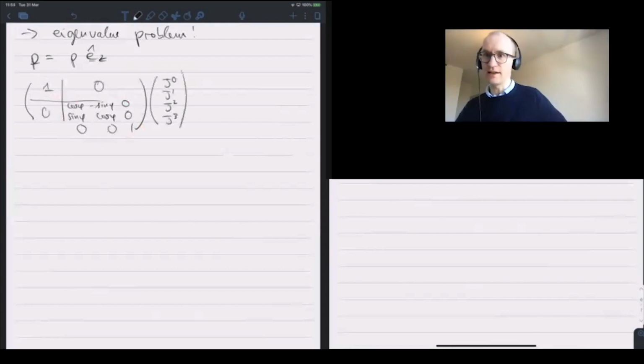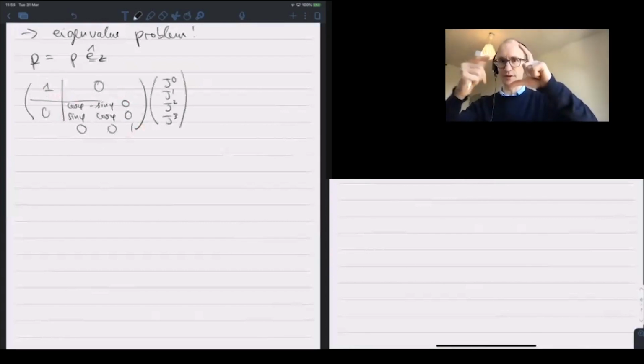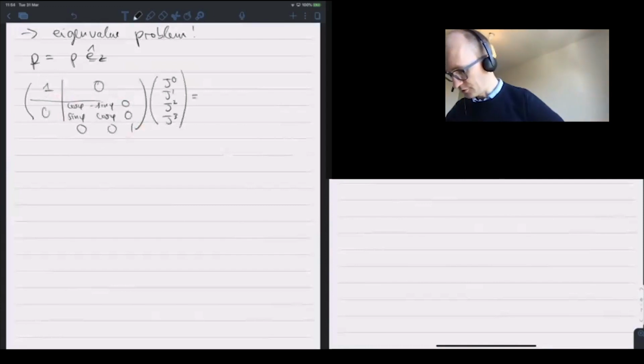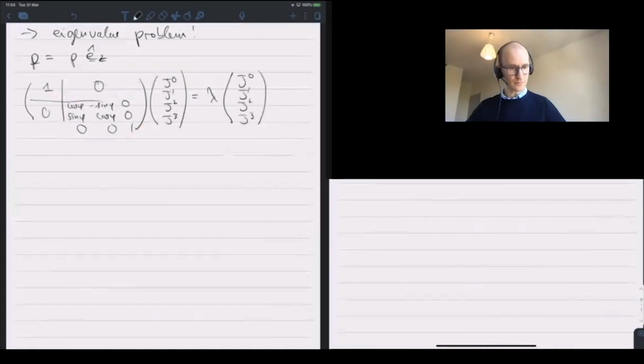I mean it inside the matrix element, but indulge me. Lambda J0, J1, J2, J3. What can we get? Well, of course, you can solve this, this is really right in front of you. It's an eigenvalue equation. So we find that the following eigenvalues are allowed.